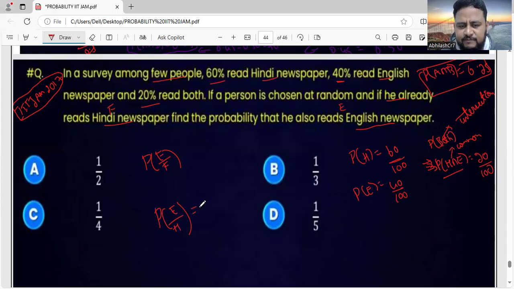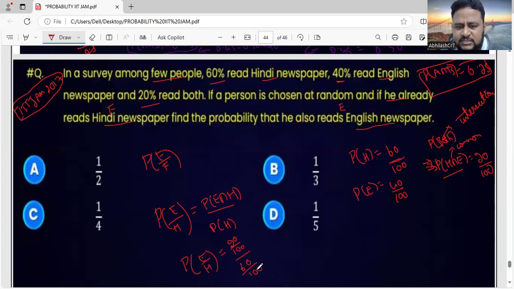For this, the formula is probability of E intersection H, or H intersection E, divided by probability of H. That is what we have to find out: probability of E given H. Probability of E intersection H is 20 by 100. Probability of H is 60 by 100.